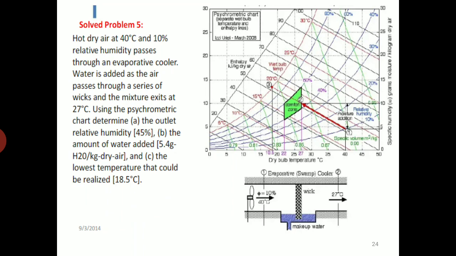So using the psychrometric chart, determine the outlet relative humidity phi 2. Phi 1 he has given, phi 2 we need to find. The amount of water added, that is the specific humidity W, we need to find. Then part C is the lowest temperature that could be realized. How much lowest temperature can I obtain?